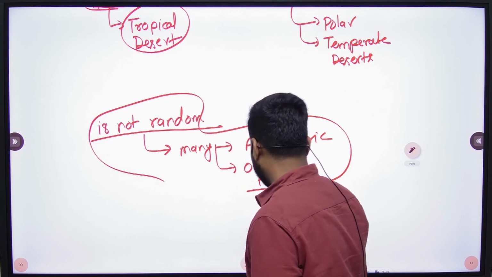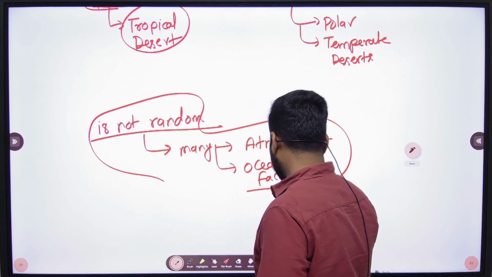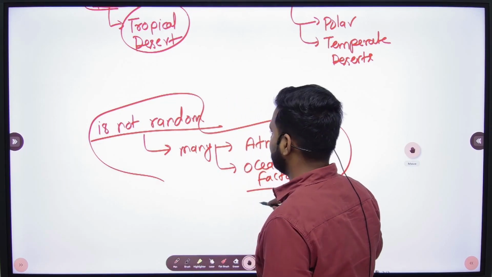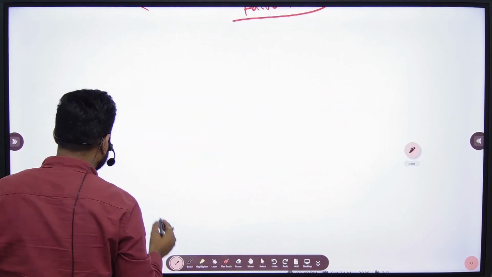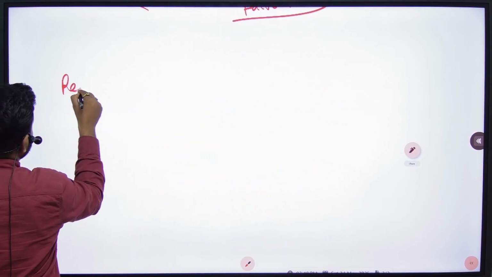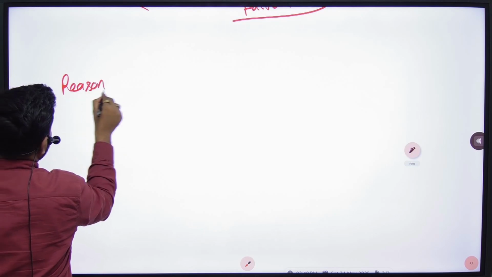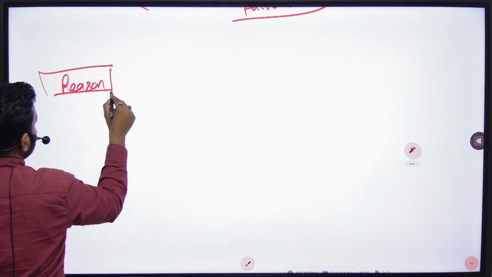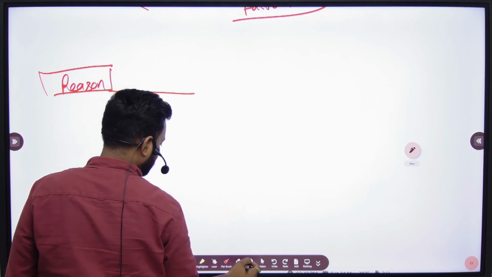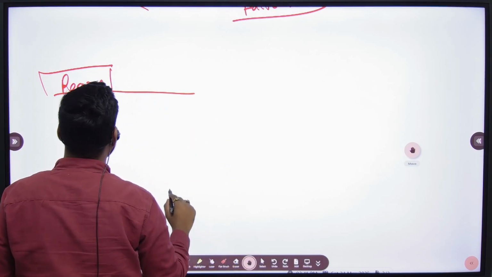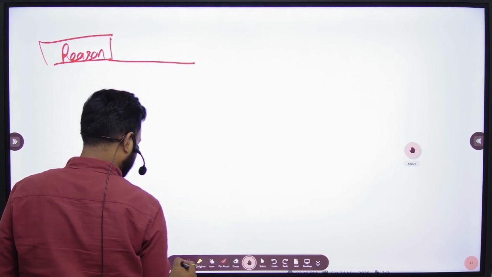Okay. Now we are again back to the question, what is the reason behind the formation of deserts? The reasons should be divided into two parts.